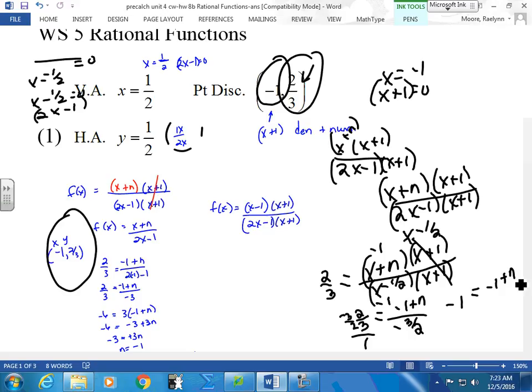Something's off. Something that I'm staring at and something's off. It should work, because if you set this equal to 0, it's still a half.